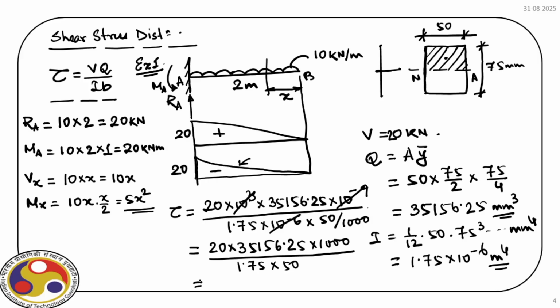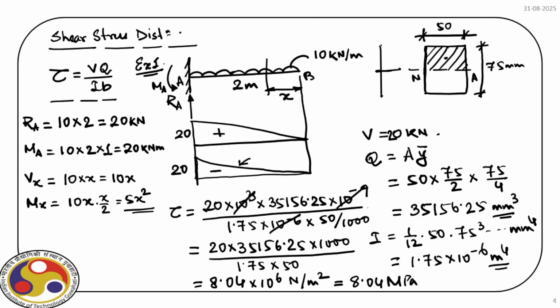So if you solve this expression, you get 8.04 into 10 to the power 6 Newton per meter square. Or in other words, the shear stress is 8.04 MPa.